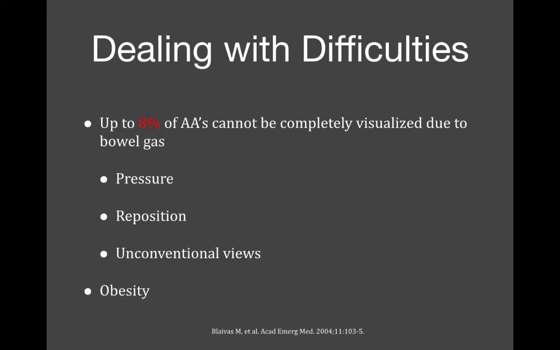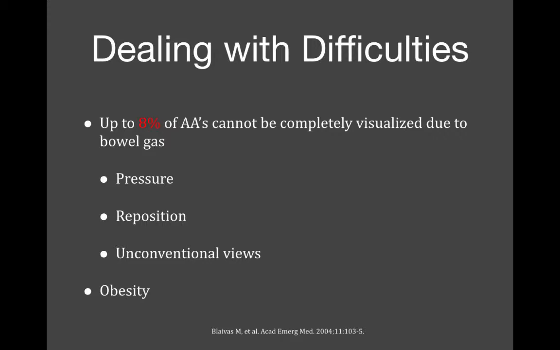Bowel gas is really the enemy in finding the abdominal aorta. And there's a couple ways to maneuver around this. The first one is pressure. Now, I really should say graded pressure. If you drop your probe on the patient's belly and just jab it in as hard as you can, it's going to hurt. But if you steadily increase that pressure and rock it back and forth, push that bowel gas out of the way, the patient's going to tolerate it a lot better and potentially will really help your image.